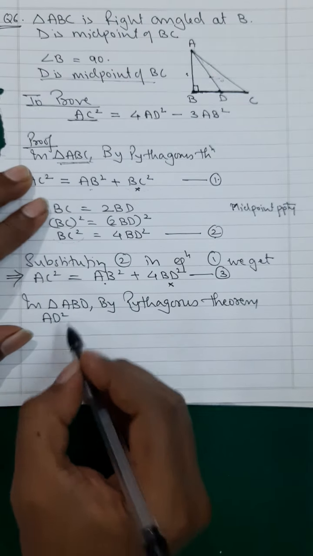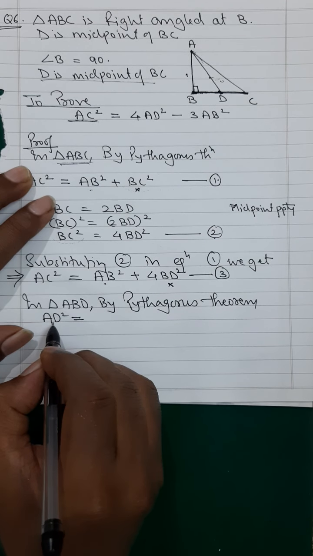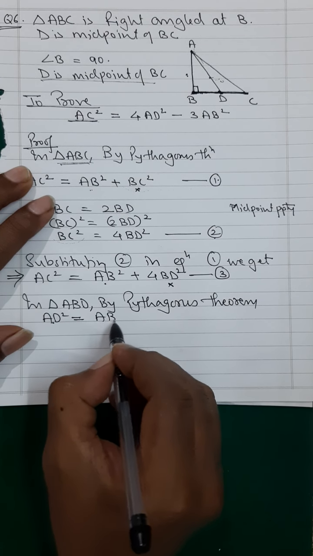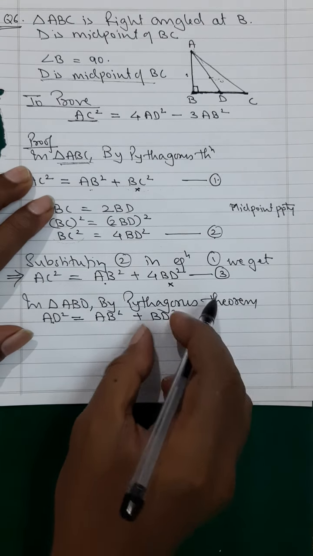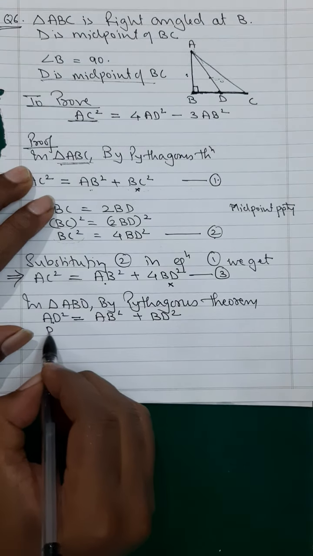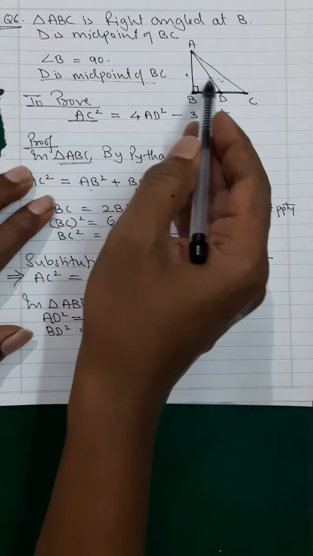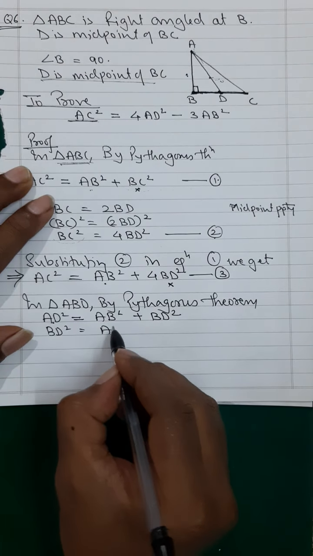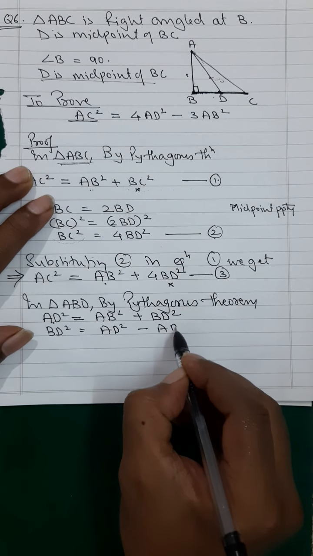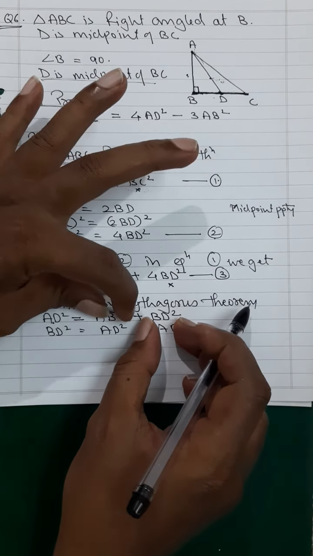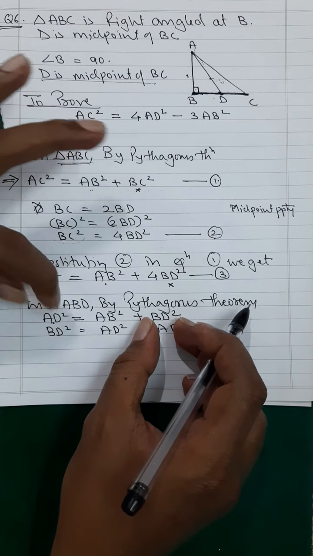If you are able to see here, this is basically hypotenuse square is equal to AB square plus BD square. So BD square will be equal to whatever is the hypotenuse, AD square, minus the second side square, AB square, right? BD square, if I shift it over here, will become AD square minus AB square.